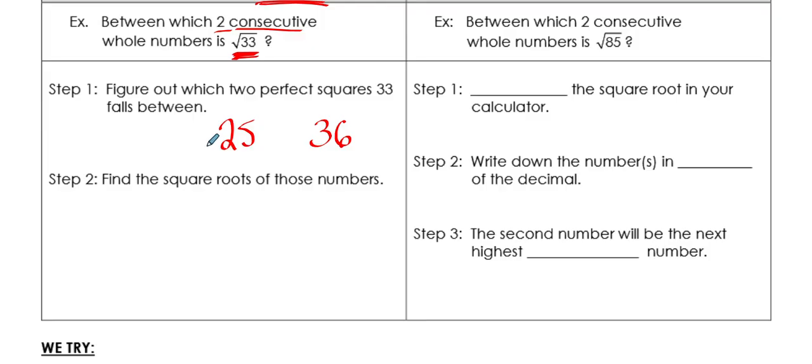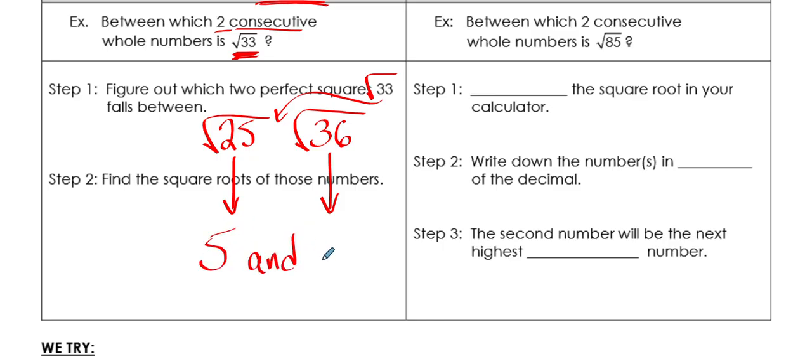So if I do the square root of 25 and the square root of 36, the square root of 33 will have to end up in between there. Square root of 25 is going to be smaller, square root of 36 is going to be bigger, but I know the square root of 33 is going to end up somewhere in there. So I could take the square root of this, take the square root of that, and figure out that the square root of 33 is somewhere in between 5 and 6.